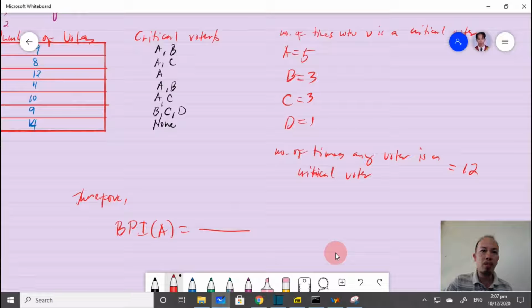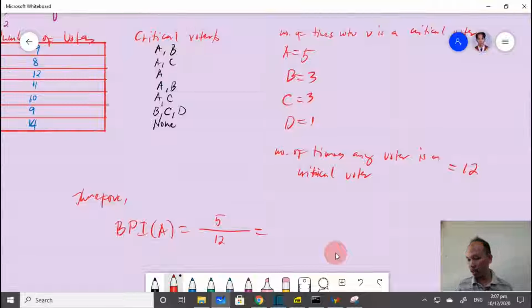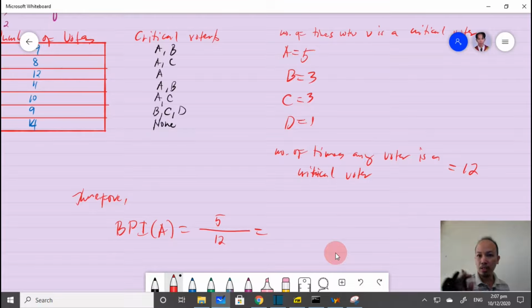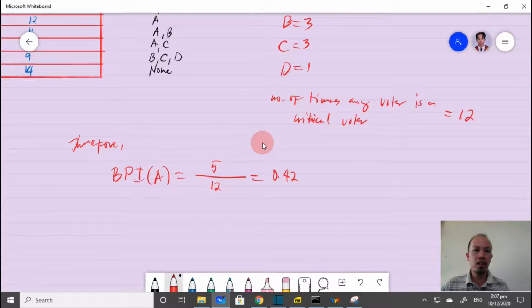For A, we have 5 over 12. 5 divided by 12, converted to 2 decimal places, is 0.42.